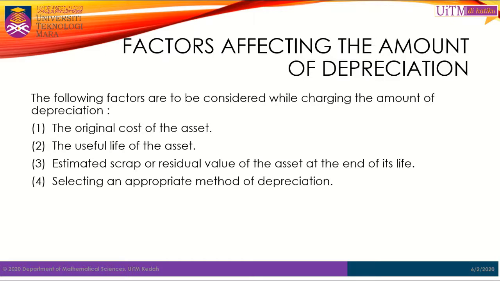One of the things is the original cost of the asset itself, and then its useful life, or the economic life. So this is the estimated duration that the asset can last. Normally this is based on testing at the manufacturer level. For example, if you buy a microchip, it has its useful life.